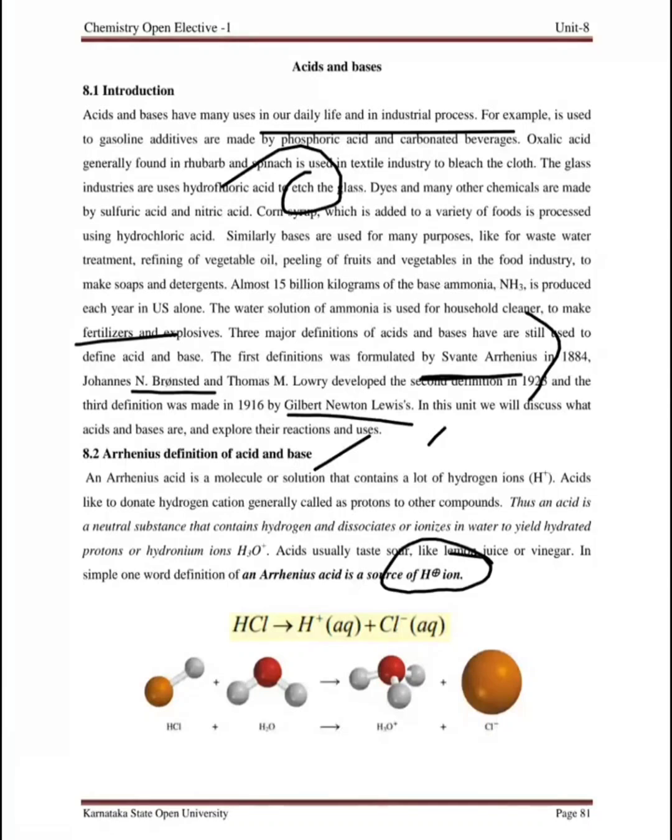The molecular solution that contains a lot of hydrogen ions is known as an acid, and acids like to donate hydrogen cations, H+, generally called protons. Here you can see this one is the H+. According to Arrhenius, an acid is a source of ions.